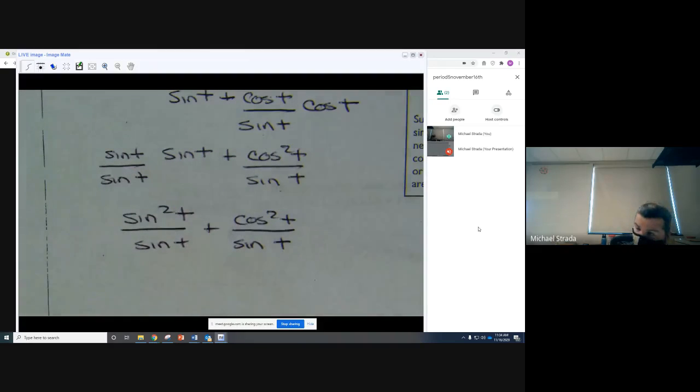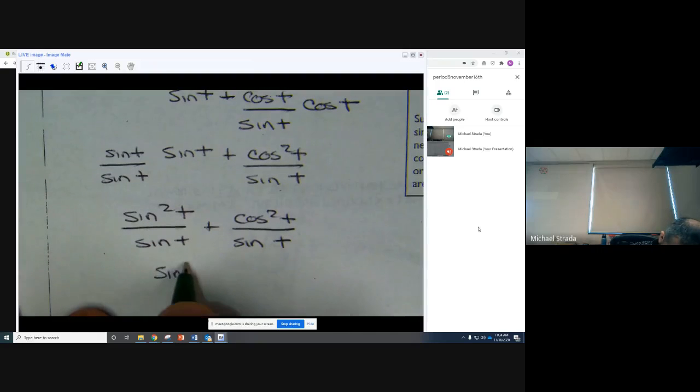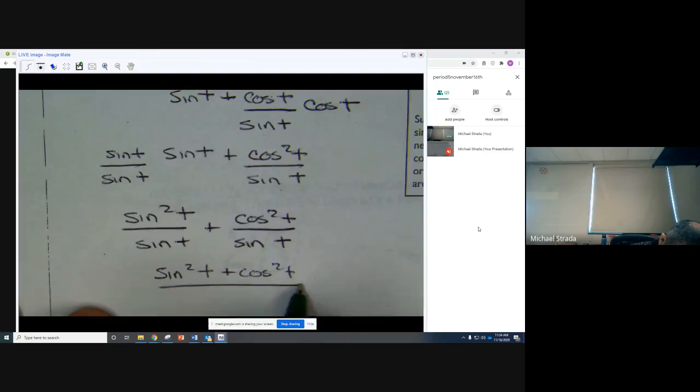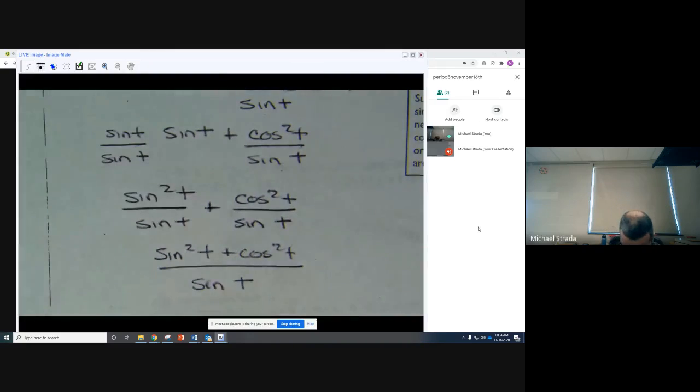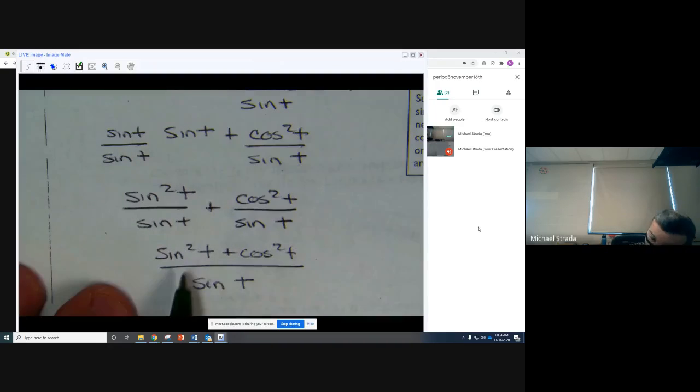Once you have that common denominator, instead of writing it as 2 fractions, you can now write it as 1. So sine squared t plus cosine squared t over sine t. So again, I'm simplifying. Now, Pythagorean identities, showing knowledge.